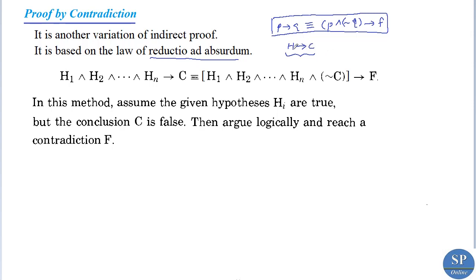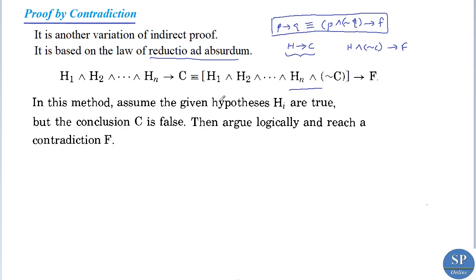That is, this theorem H implies C is logically equivalent to H conjunction negation C implies a contradiction F. So if you take H as H1 conjunction H2 conjunction etc. conjunction Hn, then by the law of reductio ad absurdum we have H1 conjunction H2 conjunction etc. conjunction Hn conjunction negation C implies F.